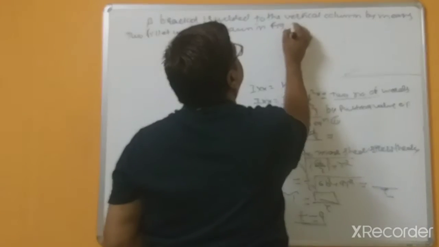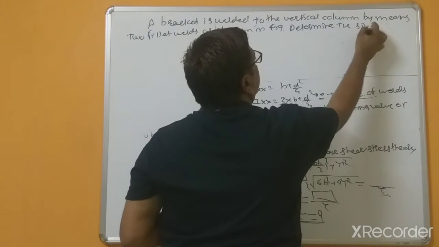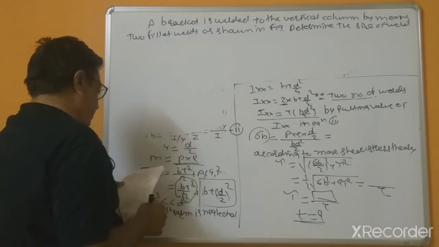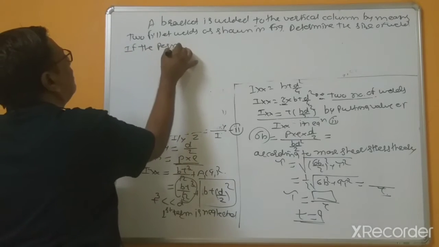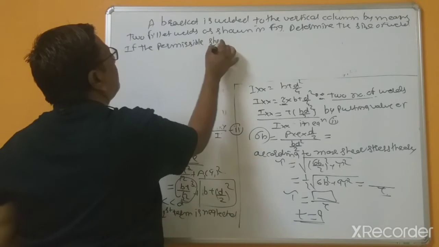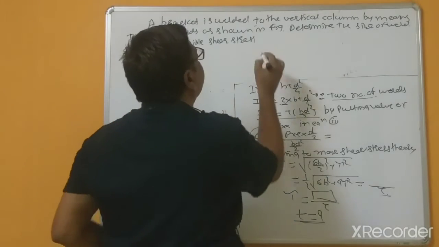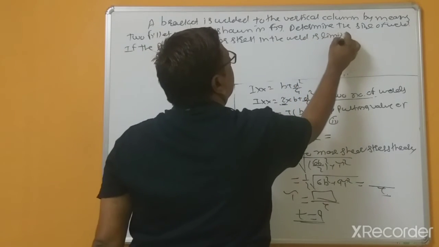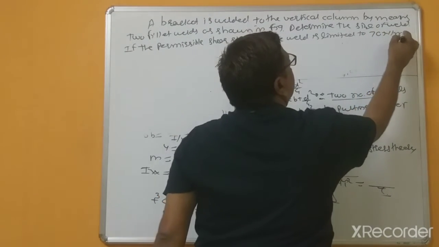Determine the size of the weld if the permissible shear stress in the weld is limited to 70 Newton per mm squared.